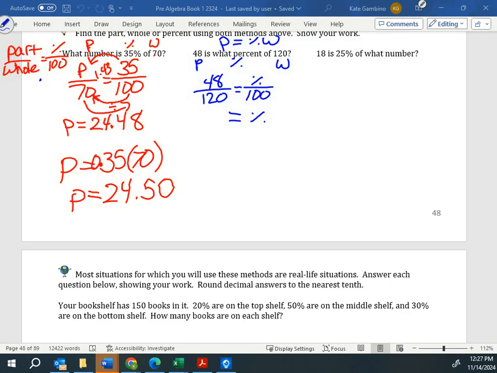If right now it's being divided, what's the opposite operation to get that percent alone? Claire? Multiply. So I'm going to multiply both sides by 100. So it's 100 times 48. Right? So those hundreds cross off because 100 divided by 100 is 1. So I get my percent by itself. So then we have 100 times 48 divided by 120.